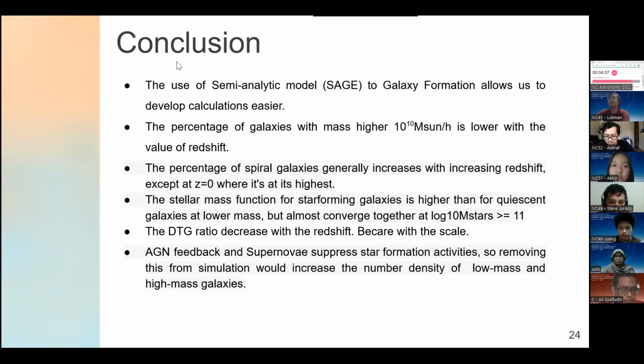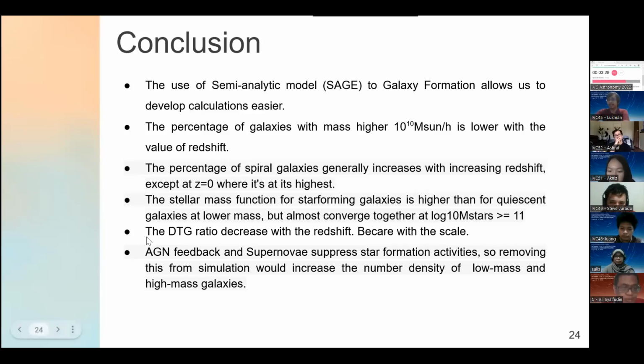Yeah, so maybe I could talk a bit about this. At least for the first exercise, where we are asked to calculate the percentage of galaxies with mass higher than 10 to the 10, I think it basically follows what we knew.